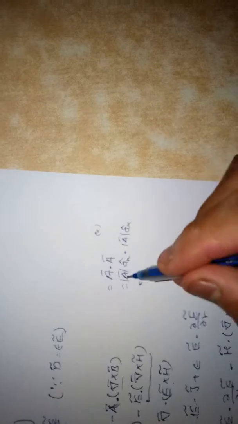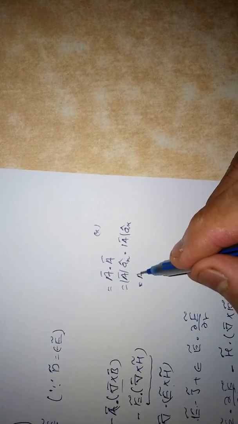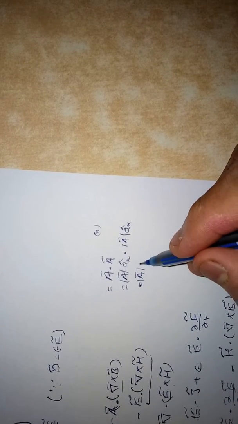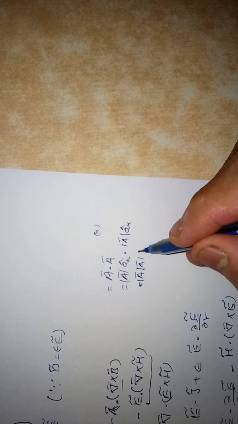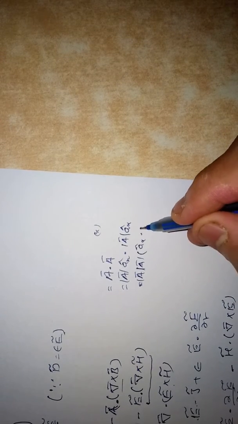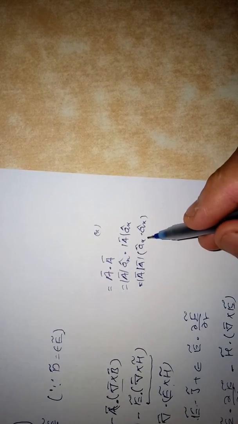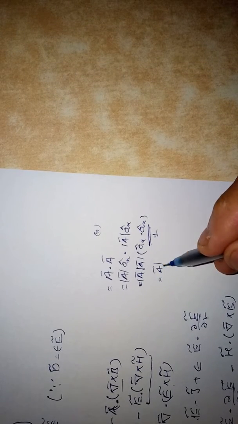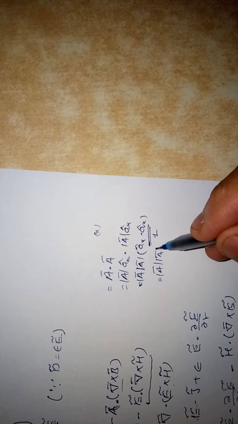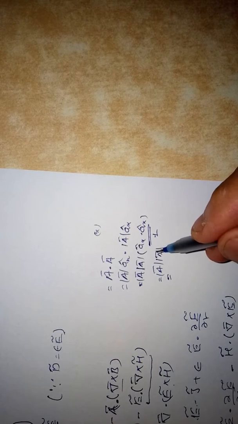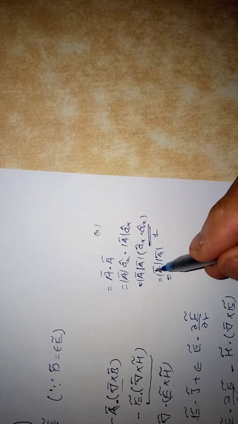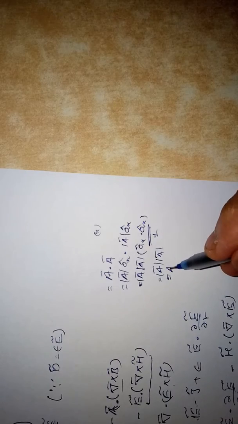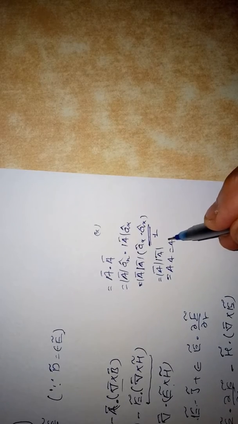So I can take the magnitude outside: magnitude of A into magnitude of A into AX dot AX. So this dot product will be 1. So the answer will be magnitude of A into magnitude of A. If I remove the mod sign, I can remove this bar sign also. This will be A into A, that is A square.